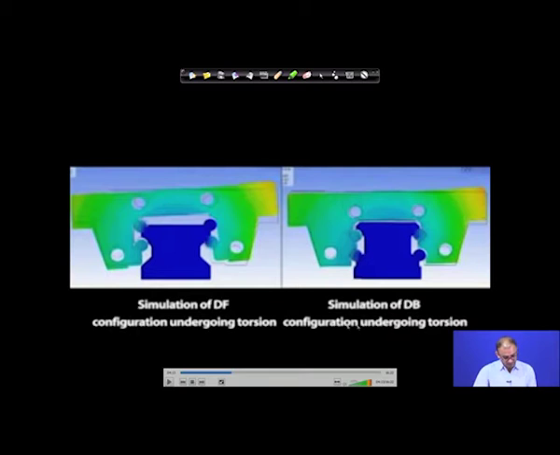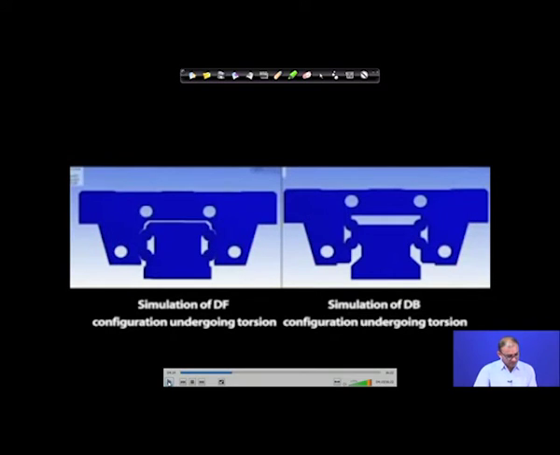The same thing for the configuration undergoing torsion is called BD type, and this is called DF type. Now, if you see, this is moving a little bit more, because it is not able to resist that particular torsion motion compared to this DB configuration.